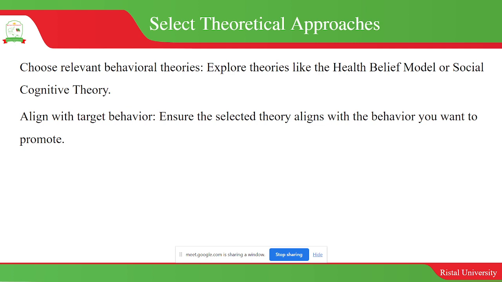Examples include the health belief model, social cognitive theory, the transtheoretical model, or the transtheoretical theory, and then you also have diffusion of innovation. Okay, these are all theories or models for behavior change. So you need to choose one that aligns well with the issue that you want to address.